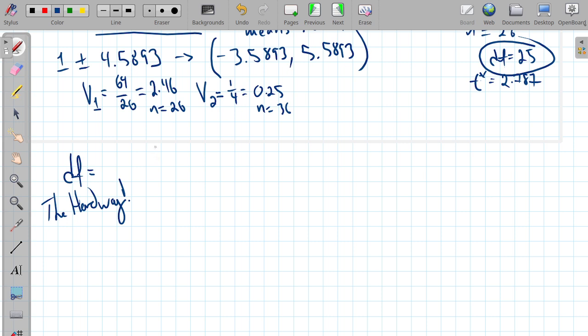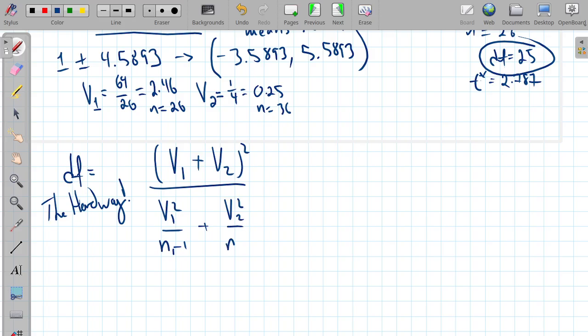The degrees of freedom then will be V1 plus V2 all squared, over V1 squared over N1 minus 1, plus V2 squared over N2 minus 1. So, what is V1? Well, that's 2.46. This one was 0.25.